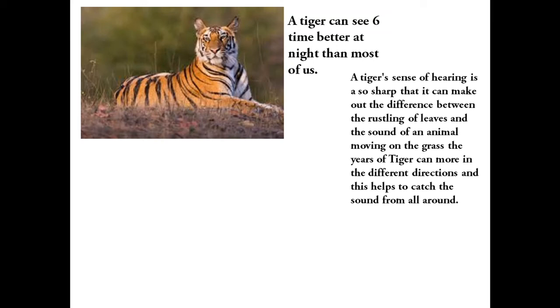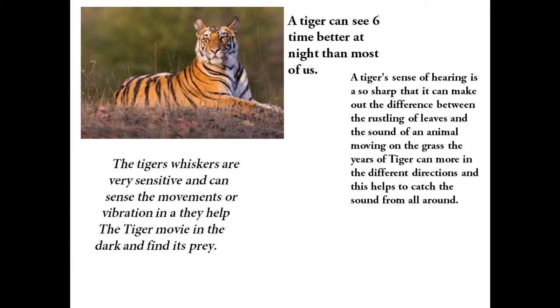See, children, the ears of a tiger can move in different directions, and this helps to catch the sound from all around. They can make the difference. They have a sharp sense of hearing.